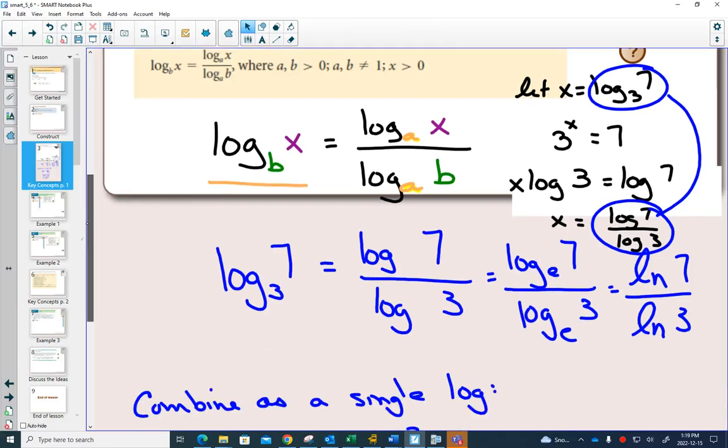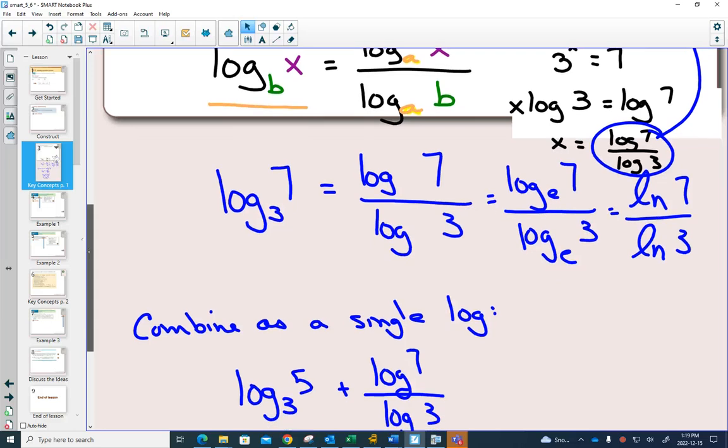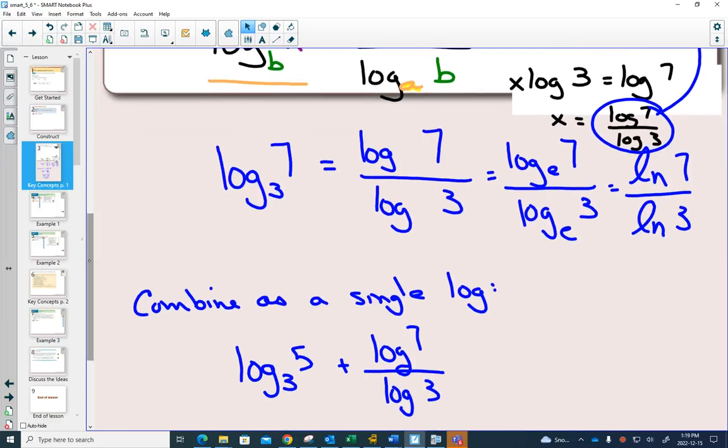I've got another example here at the bottom. It says, can you combine this as a single logarithm? Well, we have log base 3 of 5, and then we have log base 7 over log base 3. We have log 7 over log 3 right above.